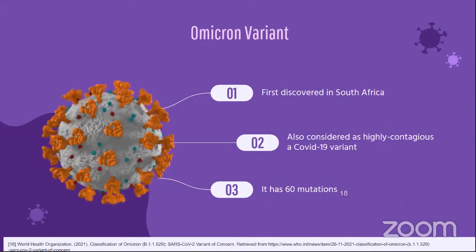Now, the Omicron variant, on the other hand, was first reported in South Africa on November 24, 2021, and it is distinct from the other variants because it contains a large number of mutations, totaling 60. And 32 of the mutations impact the spike protein. These carry the antigenic target of antibodies produced by infections with several widely spread vaccines.